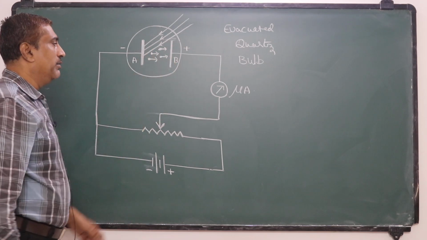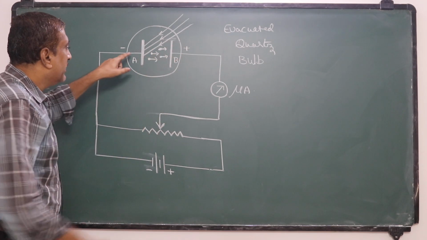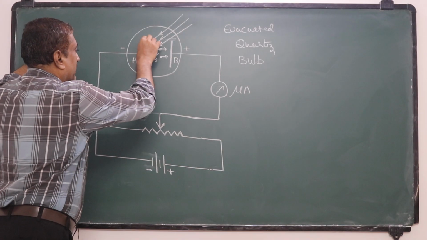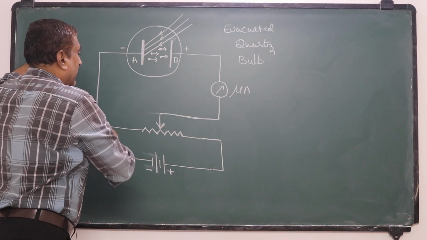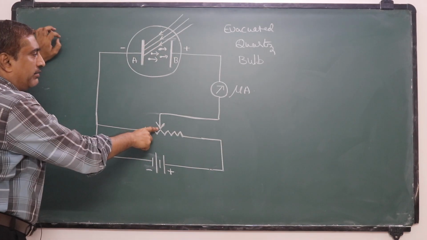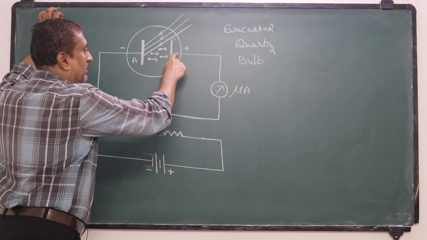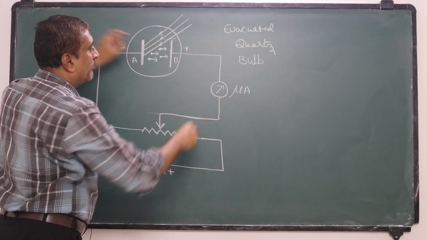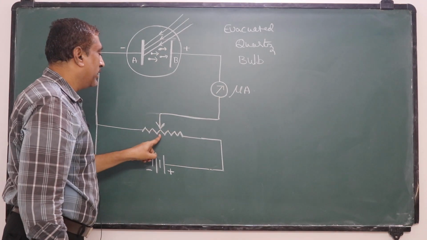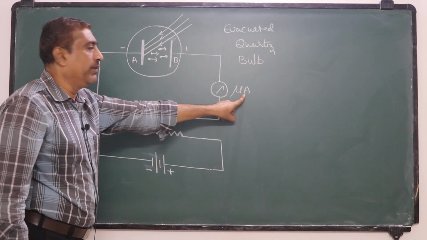So electrons are emitted, and this plate is connected to the negative terminal of a voltage divider, and this electrode B is connected to the positive terminal of the voltage divider through a microammeter.